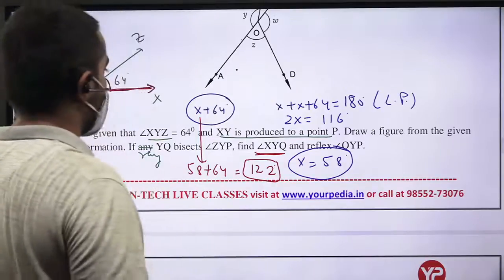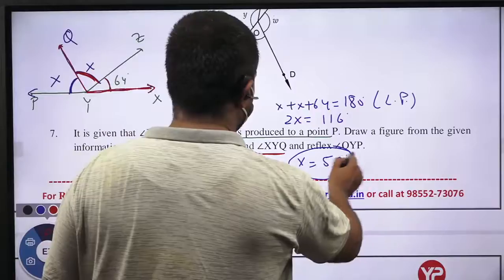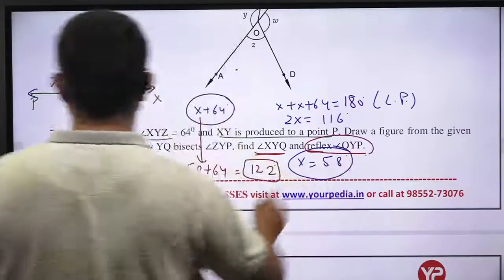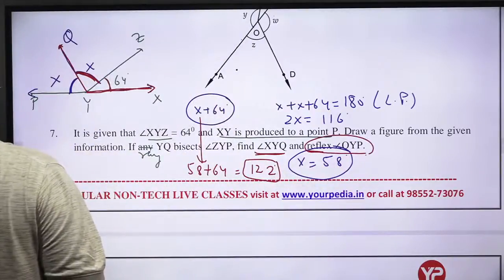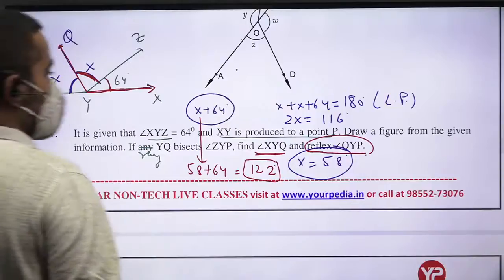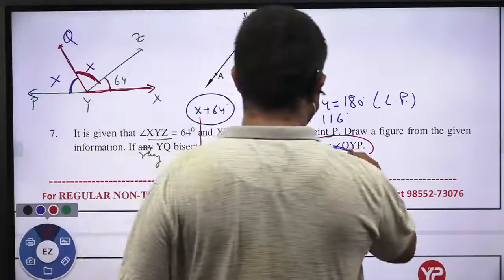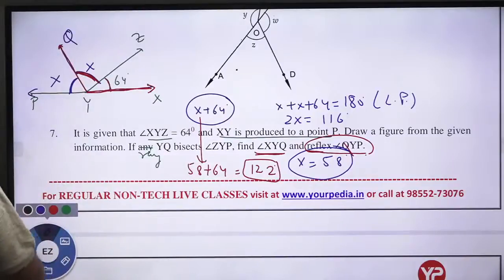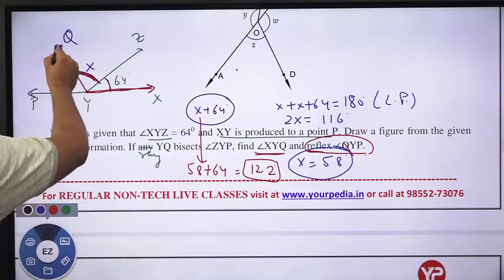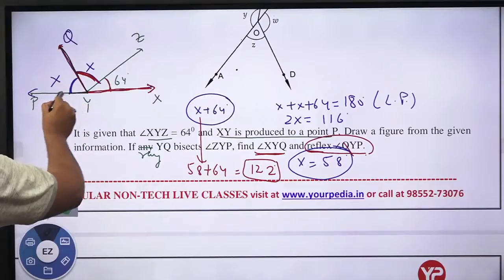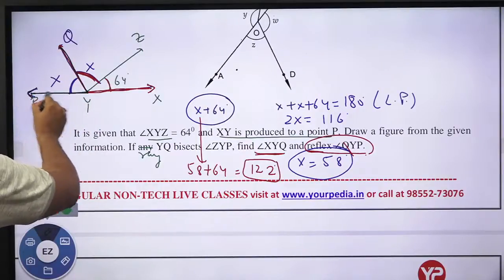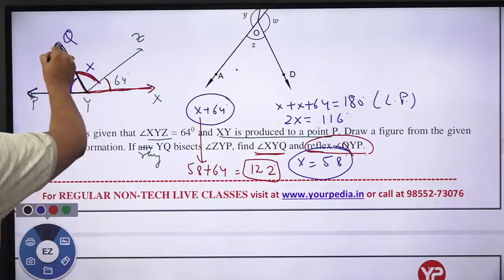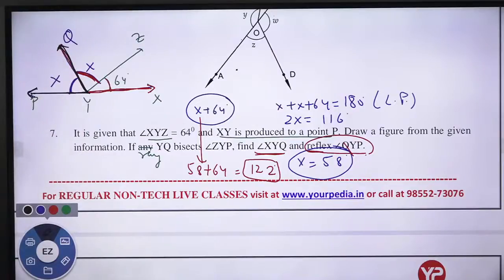And we need to find out angle QYP reflex. Sorry, that is QYP, not OYP. QYP is this angle, and we need to find out its reflex angle.